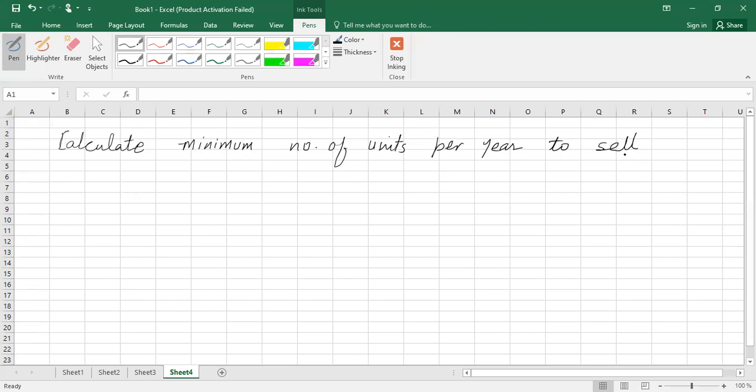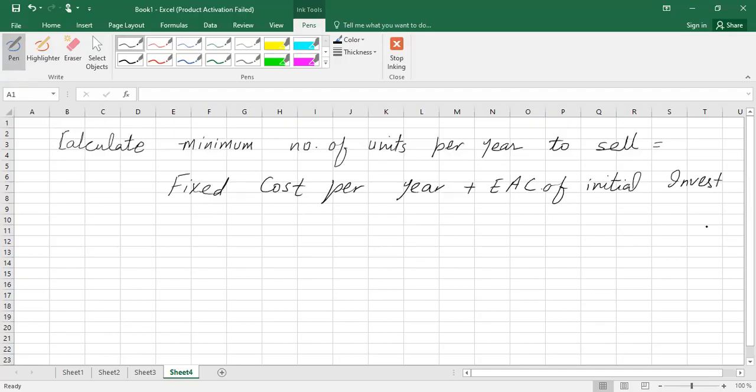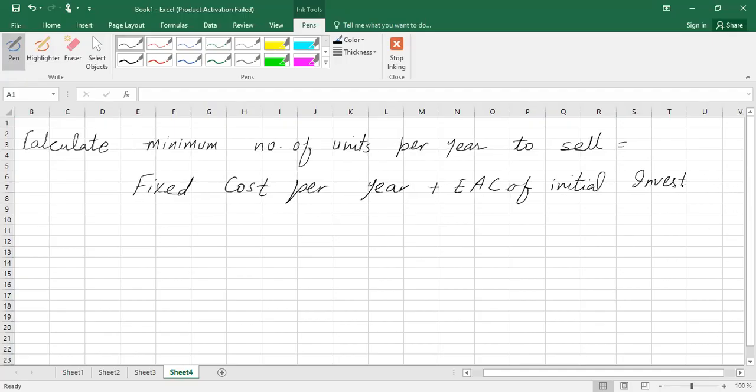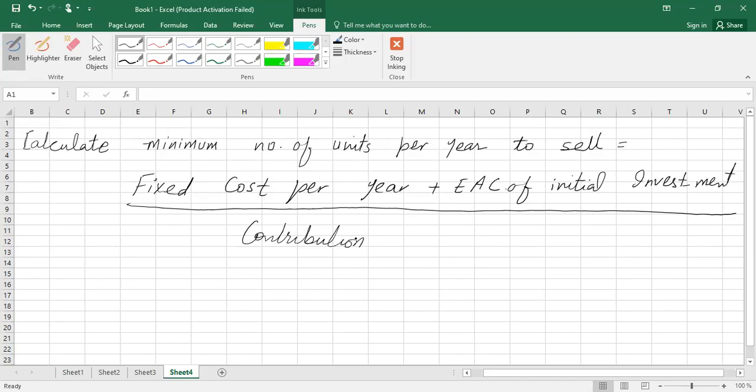For this you will use fixed cost per year plus the equivalent annual cost of the initial investment, divided by contribution per unit.